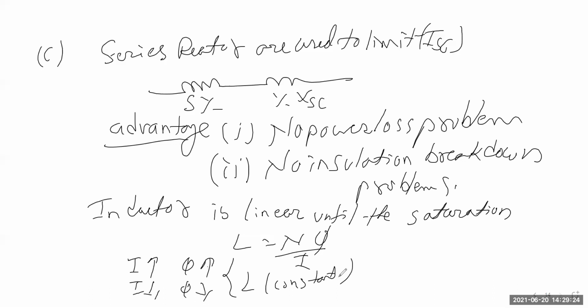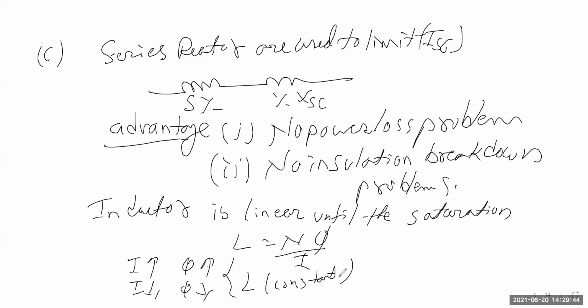So there is no change in this. Resistor is linear if temperature remains constant.